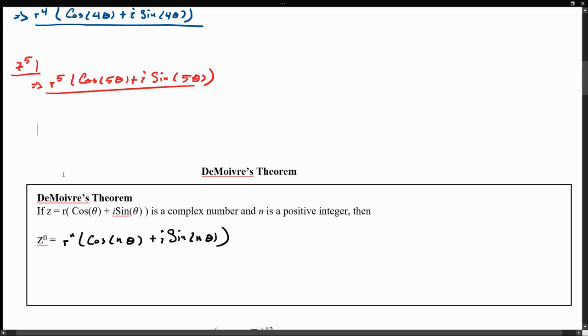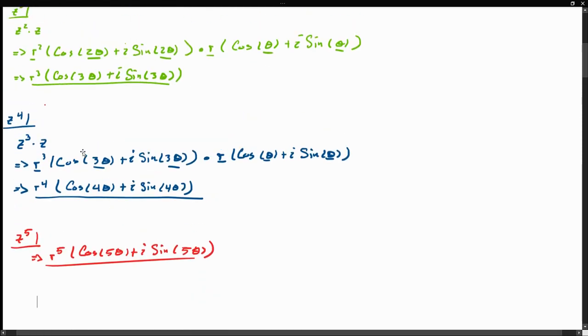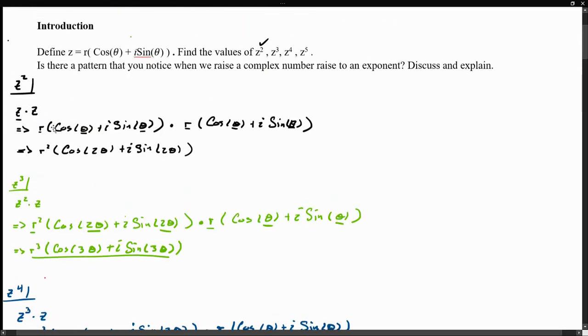Notice that this follows the idea from our small introduction problem, because all we're doing is multiplying the same z value by itself, using the rules of multiplication that we defined previously.